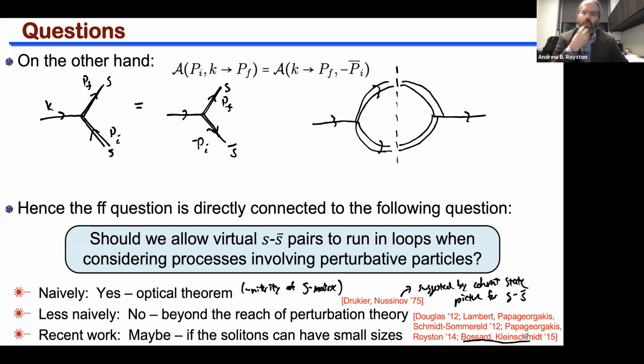My point is that this question is directly connected through crossing symmetry, by this analytic continuation, to the question about the form factor that I started with. And there's no definitive answer.